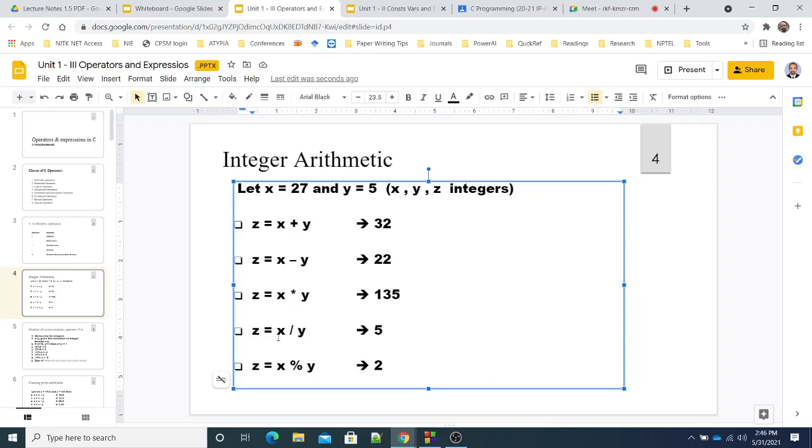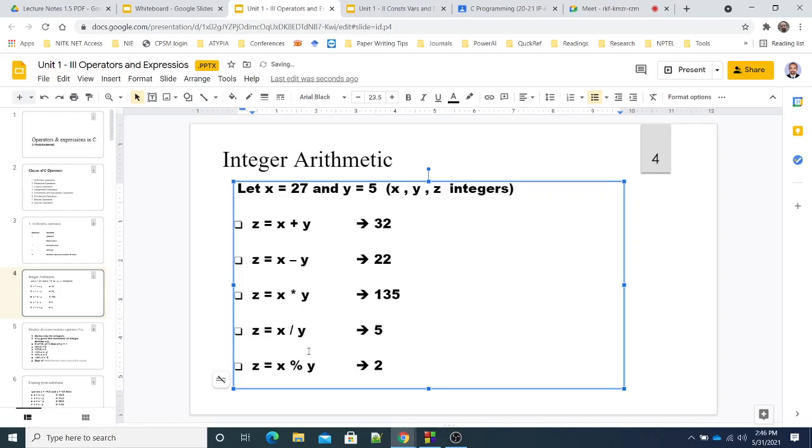So when we are dividing x by y, the result depends on the type of x and y. If x and y are integers, the result is also going to be an integer. So it is not very much like mathematics. Probably you would have expected 5.4 as the result, but in C programming it is 5.